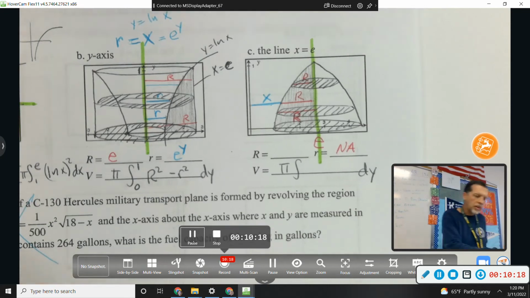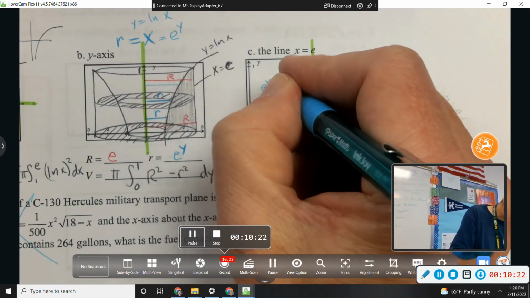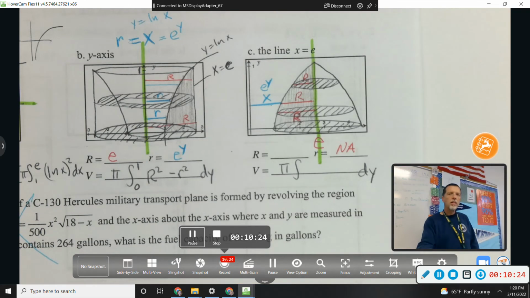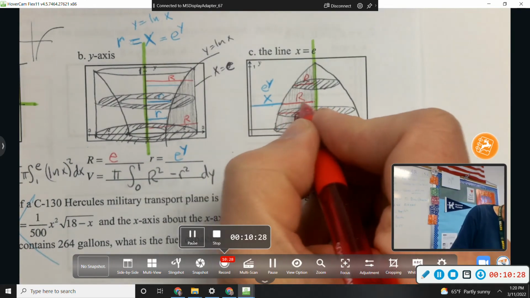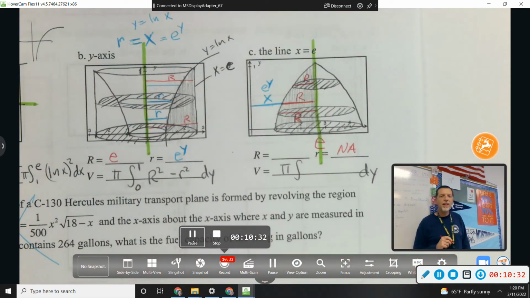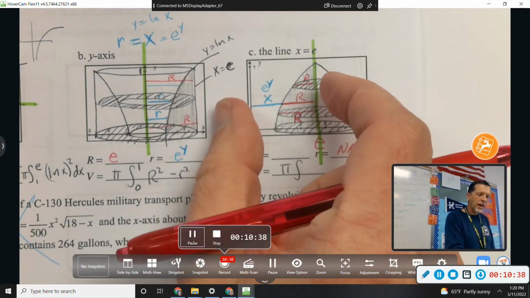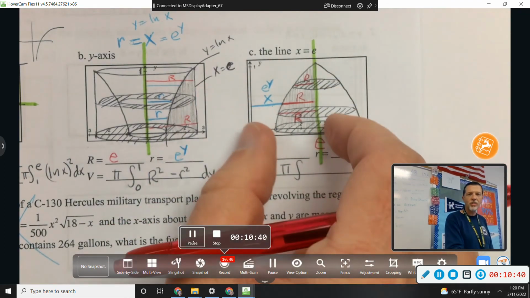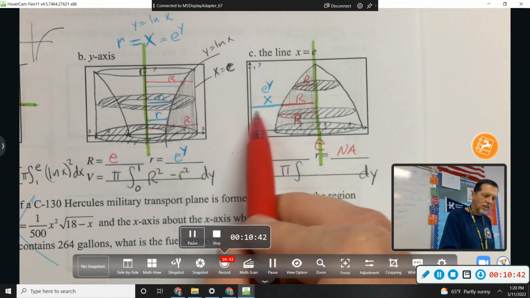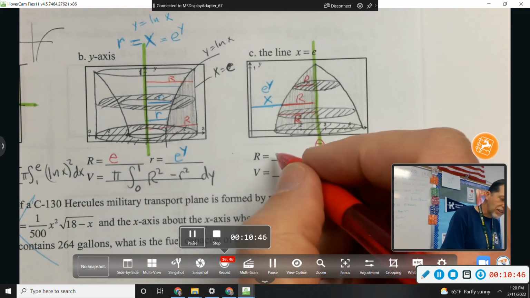And we said x was equal to e to the y. I want to know how long R is, how long this piece is. How am I going to figure that out? What's the full length from the y-axis to the axis of rotation? E. And so how do I figure out what R is?